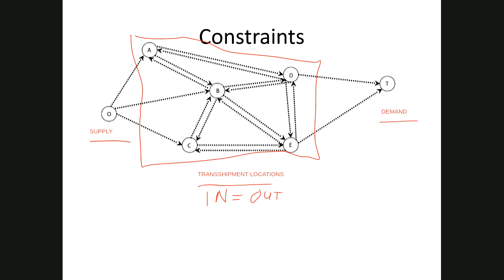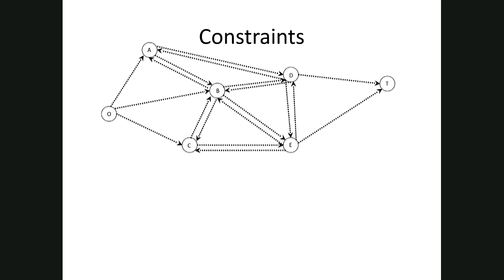So let's start with our origin. And how are we going to do that? The one thing that I haven't really addressed yet is the following. What's our supply at the origin, and what's our demand at the terminal?